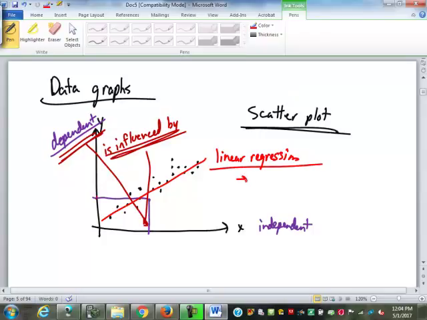There's something called correlation that tells us just how close it is. The closer that correlation is to 1, or 100%, the closer those points are to the line. The closer that correlation is to 0, the further they are away from it.